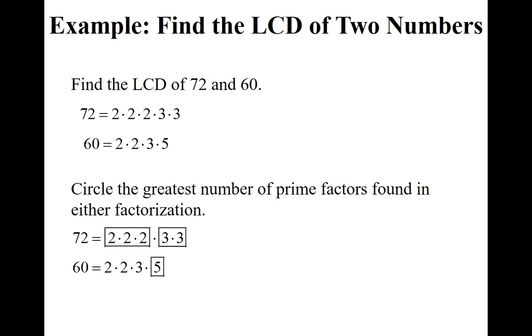And the greatest number of 5's is just 5. We're comparing the 2 times 2 times 2 from the 72 to the 2 times 2 in the 60. 3 of them is greater than 2 of them. Same with the 3 times 3 in the 72 compared to the 3 in the 60. 2 of them is greater than 1 of them.